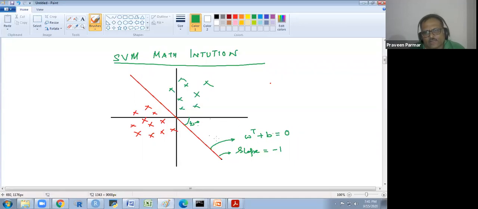You know that this line is passing through the origin. For this side, we have a slope which is m. You could say w^T x. There should be x also, no? A variable is compulsory, no? w^T x. Let me write it properly.